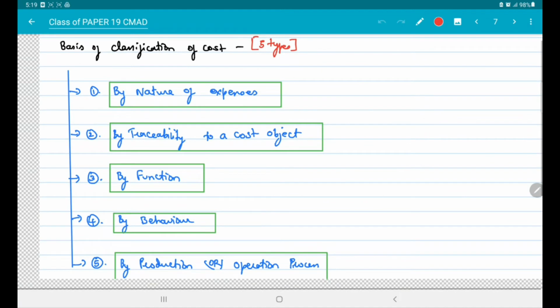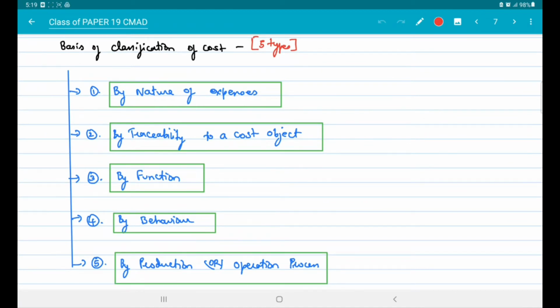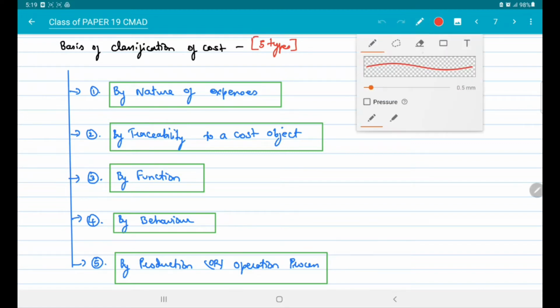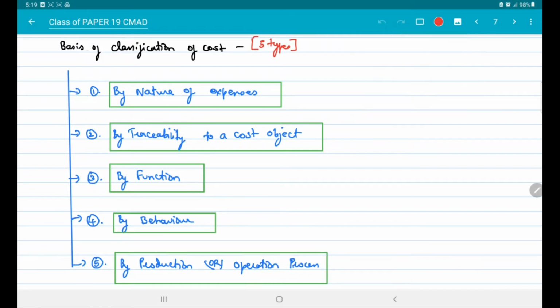Now coming to the main part of CAS-1, the basis. What is the basis of classification of cost? You should know this.